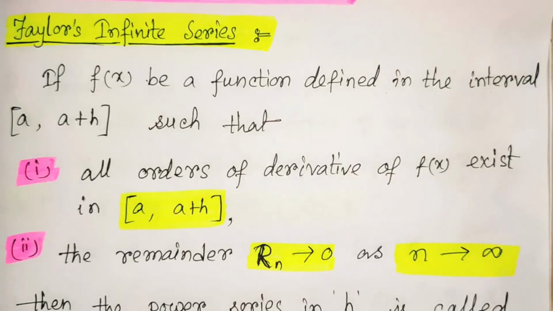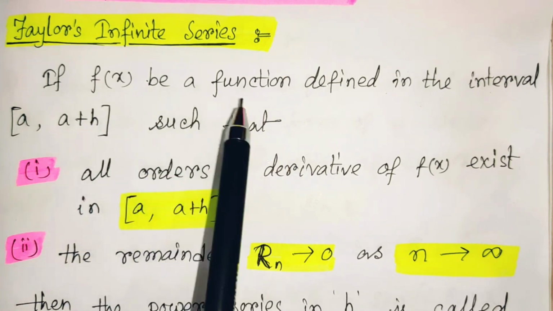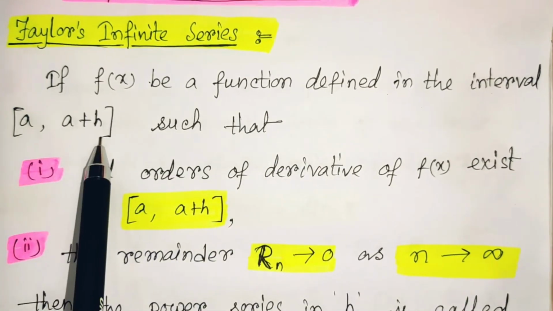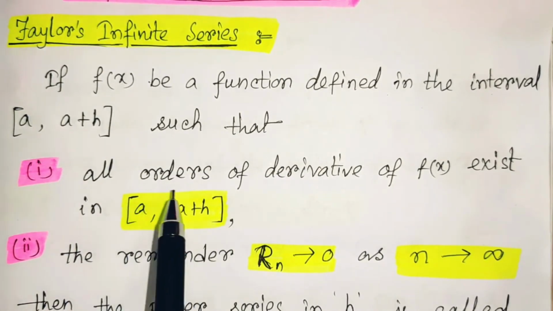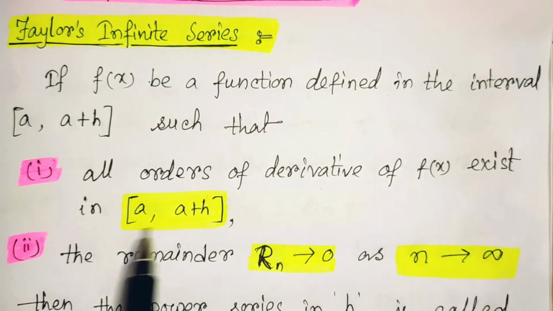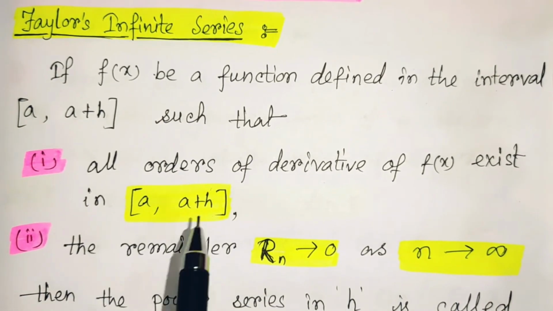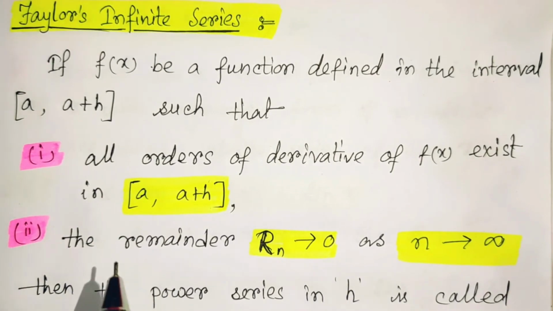So whatever series we found for the Taylor's series and the Maclaurin series, both are finite. What happens for the infinite Taylor series and the infinite Maclaurin series? First of all, if this function is defined in the interval a comma a plus h such that all orders of derivatives of f x exist in a comma a plus h, that means not only up to the n minus 1th order or nth order, but however long you want to proceed, you can move.